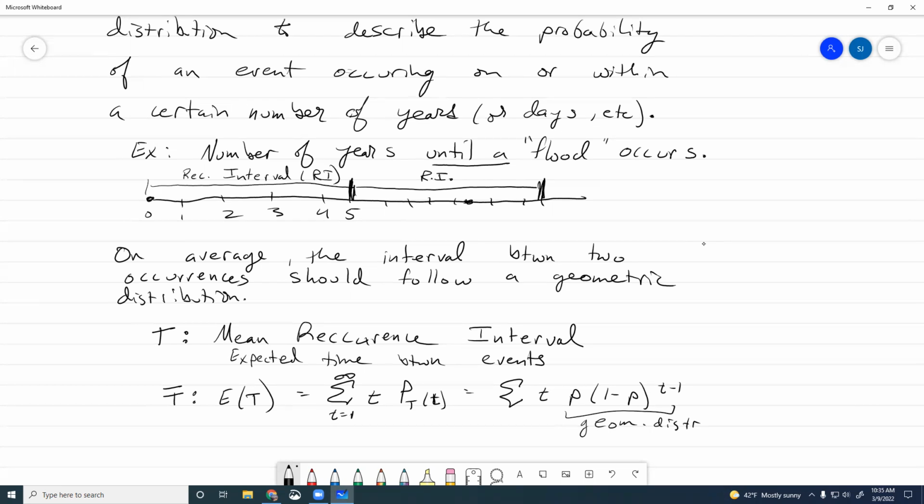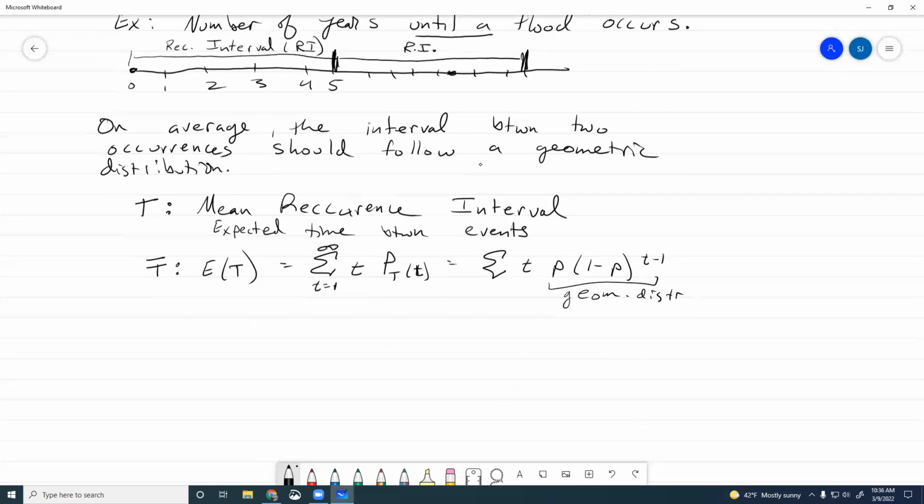And we saw earlier you can do this by taking the series out. I'll just write the series out briefly. So you can factor out P, because P doesn't have any T's on it.